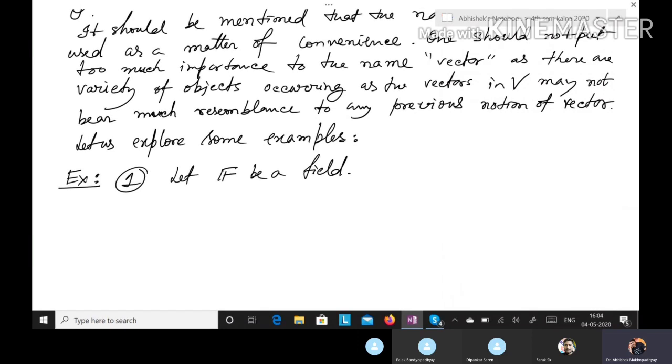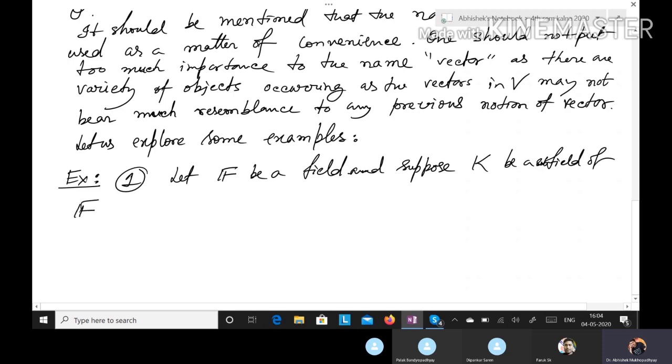Let us consider a field F, and suppose K is a subfield of F. Then obviously K plus, this subfield with respect to the addition induced on K from that of the field, is an abelian group.